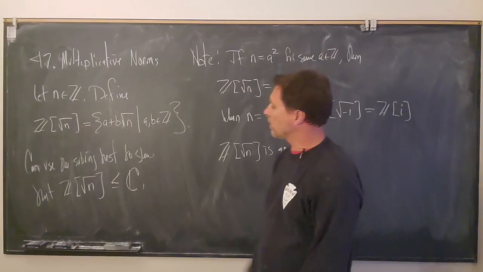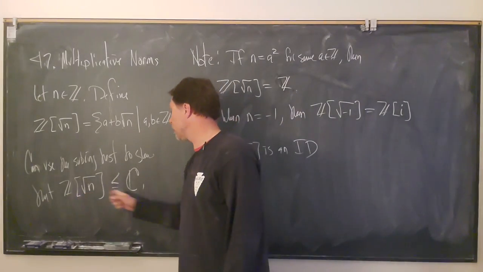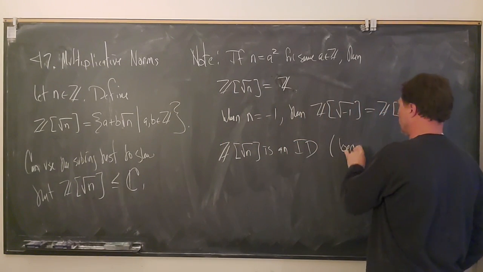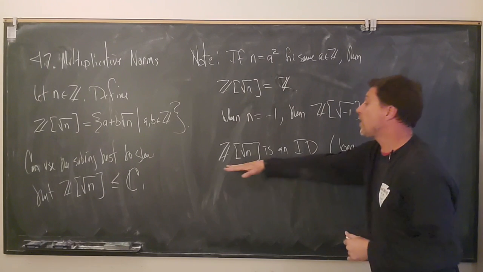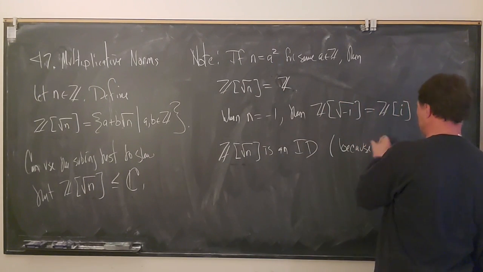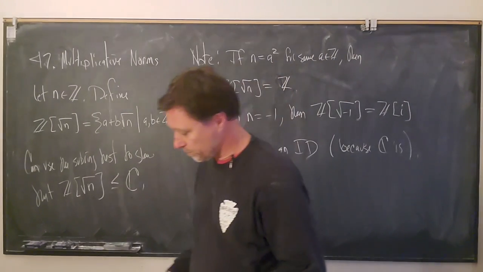The reason is that it's a subring of a field, C, which is an integral domain. So by virtue of being a subring of C, for any choice of n we have an integral domain. All right, so there are just a few things to observe.